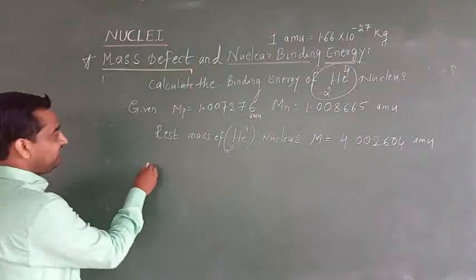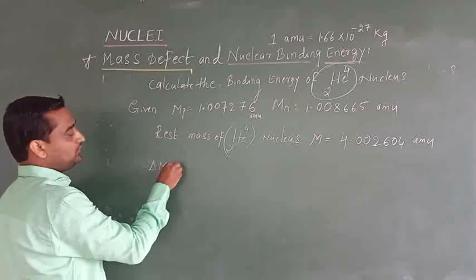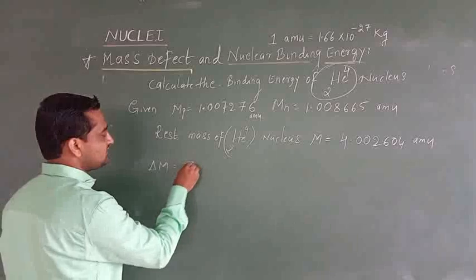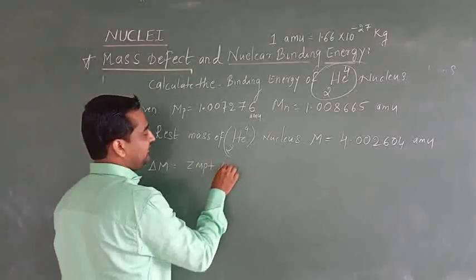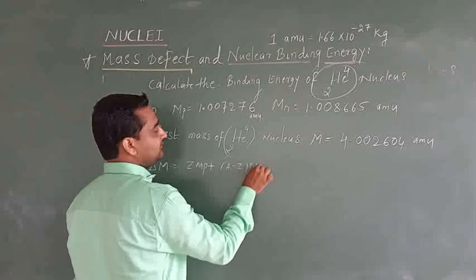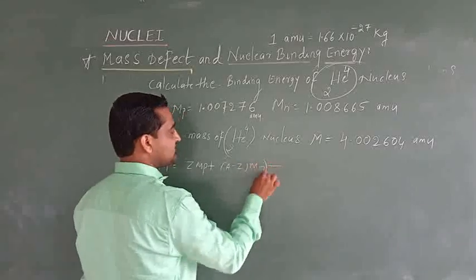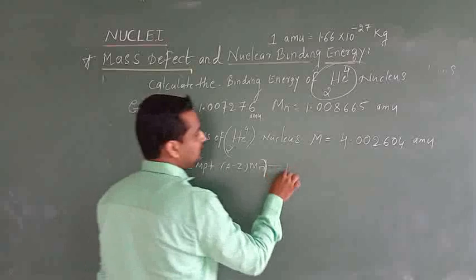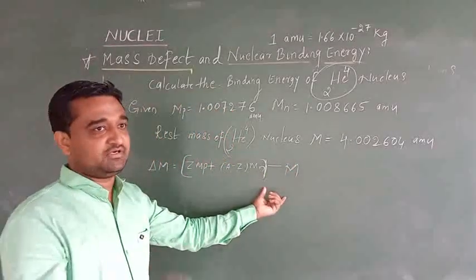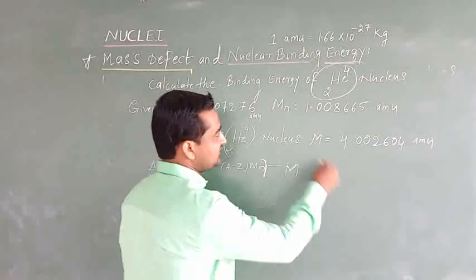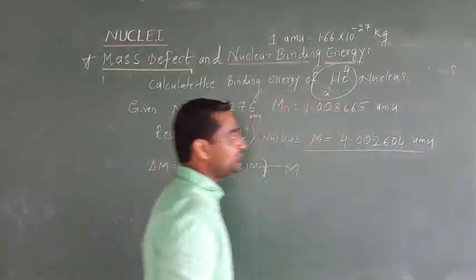Then mass defect delta m is equal to what? Delta m = [Z M_p + (A − Z) M_n] − the rest mass of the nucleus, that is, the stable nucleus after forming. The measured mass of the helium nucleus is given here.